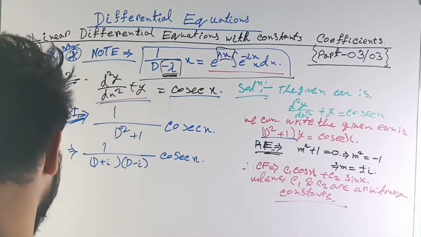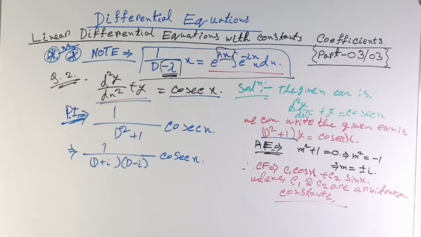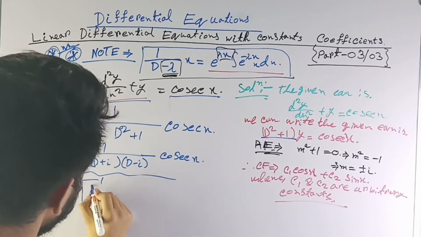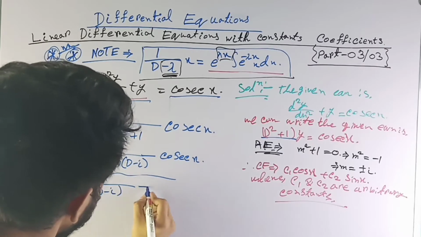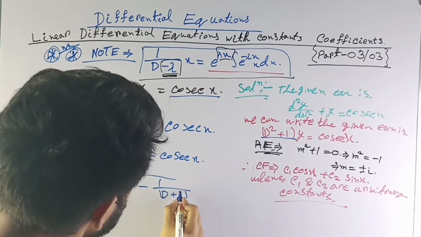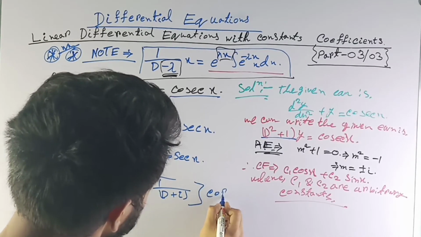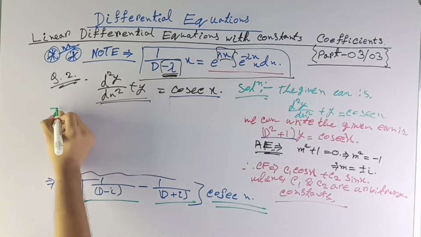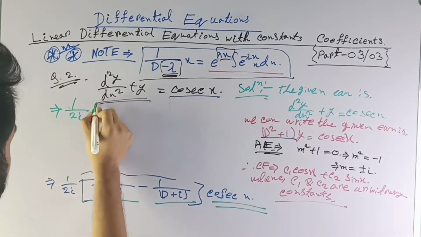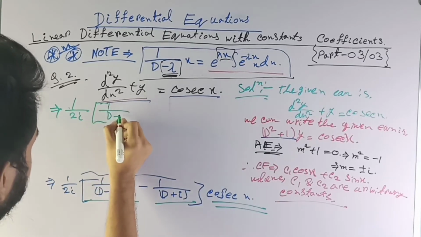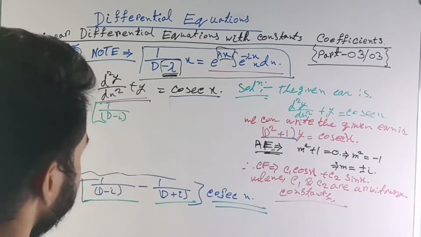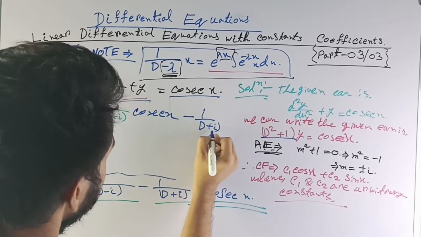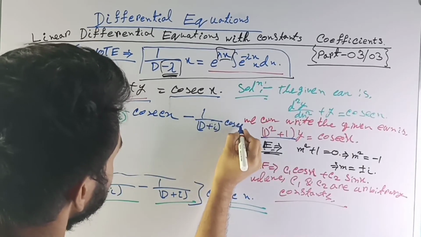Now therefore we can write it 1 by 2 iota, 1 by D minus i minus 1 by D plus i, of the whole cosec x. And this we also write down: 1 by 2 iota of 1 by D minus iota times cosec x, that's it, and minus 1 by D plus i of cosec x.